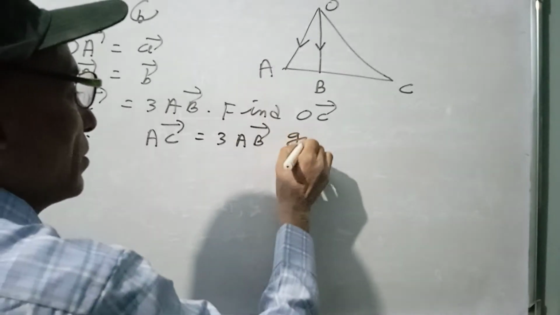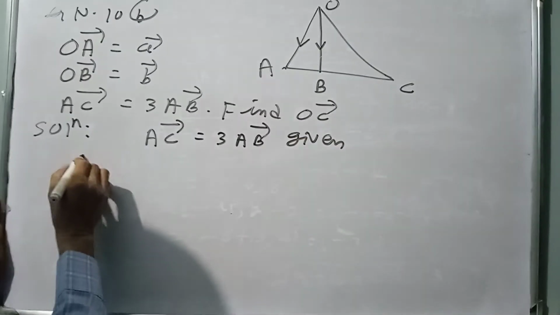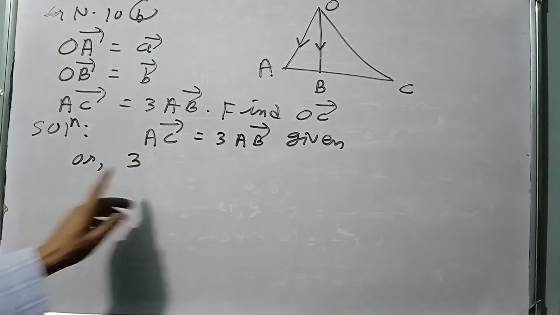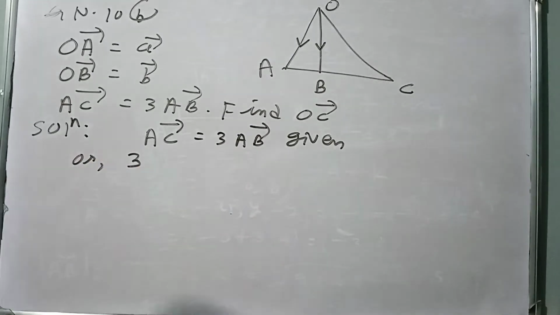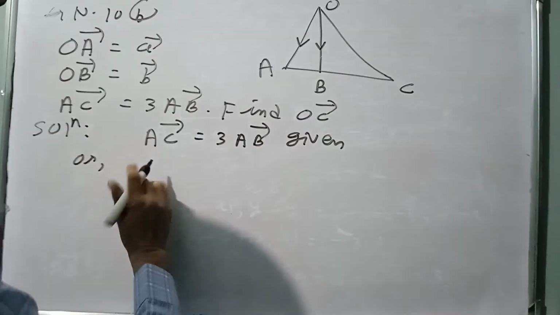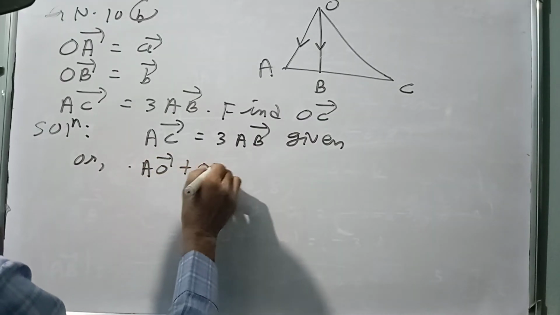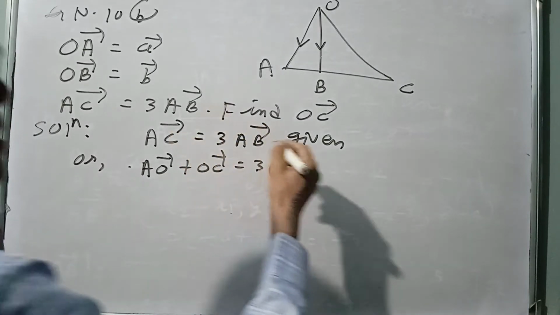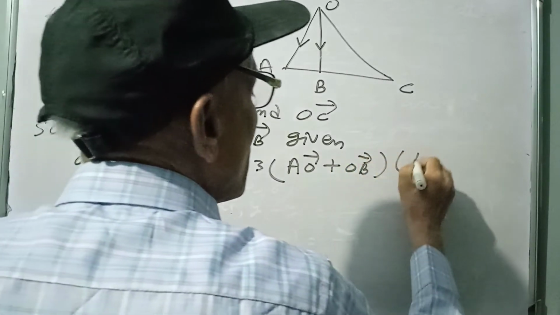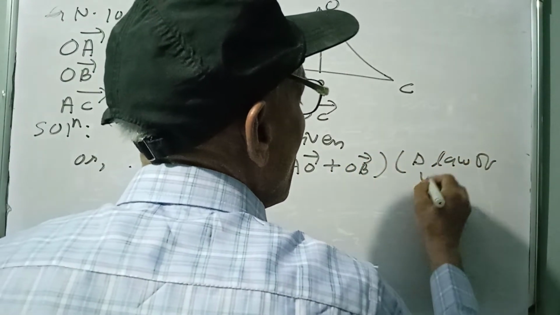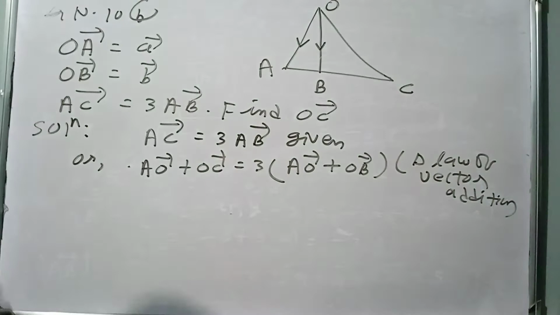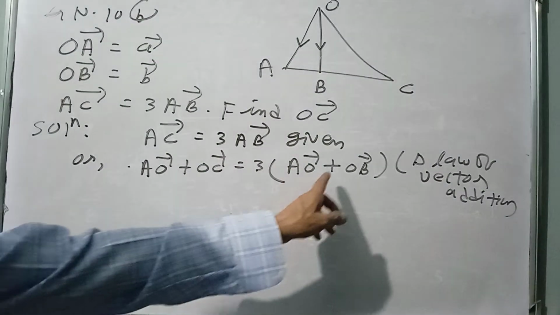This is given. Now apply the triangle law. AC equals 3 times AB is given. But AC can also be written as AO plus OC, and AB can be written as AO plus OB. Use the triangle law of vector addition in two triangles, AOC and AOB.